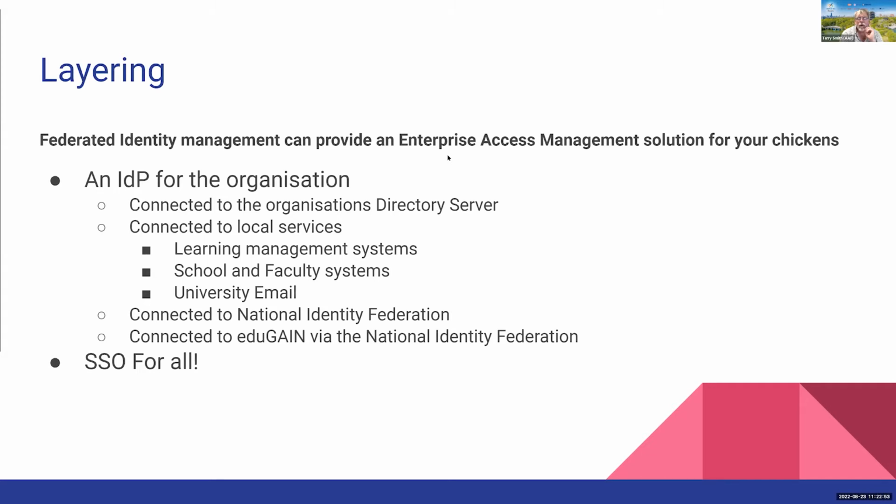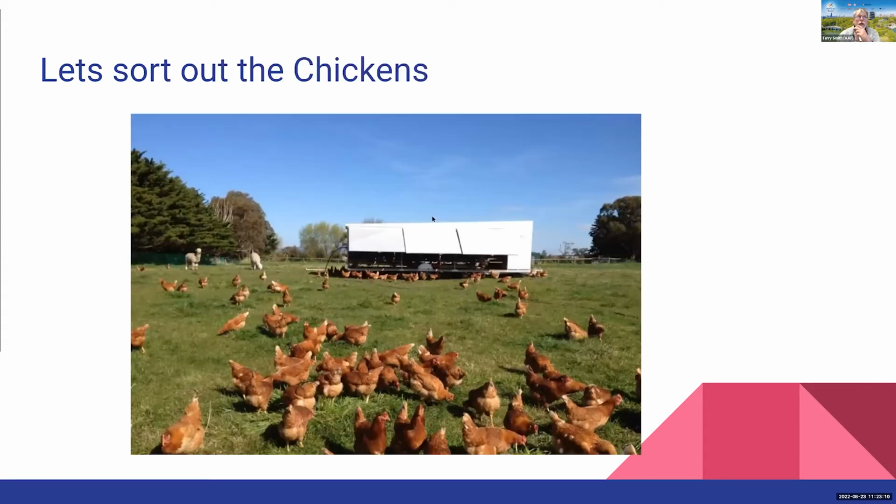It's the IDP for the organisation, it connects to your directory, connects to local services, and then connects out to the National Identity Federation. So we get SSO, single sign-on for everything across your organisation and beyond.